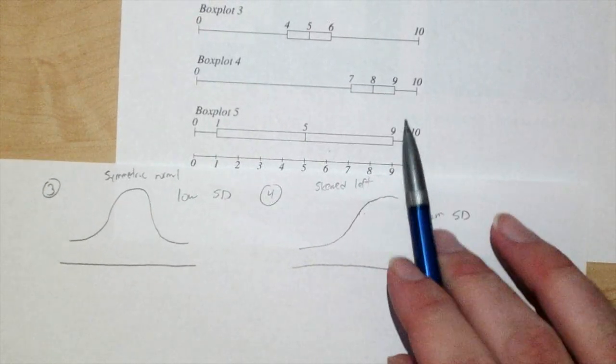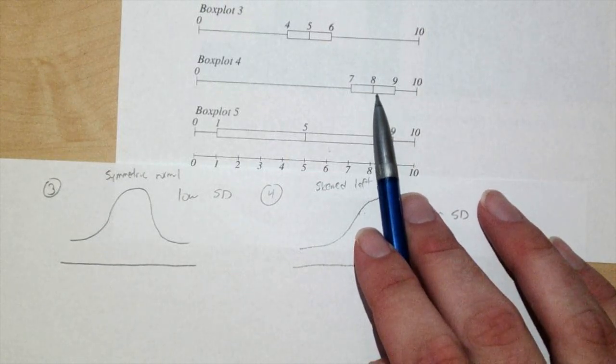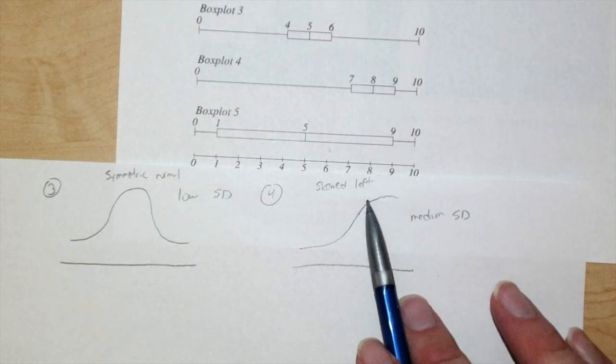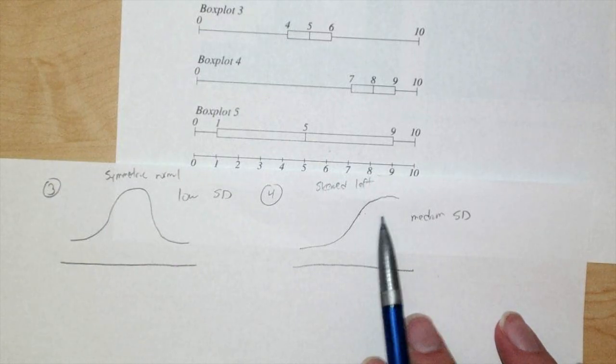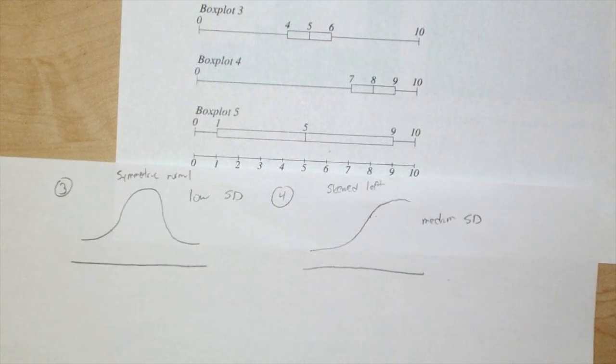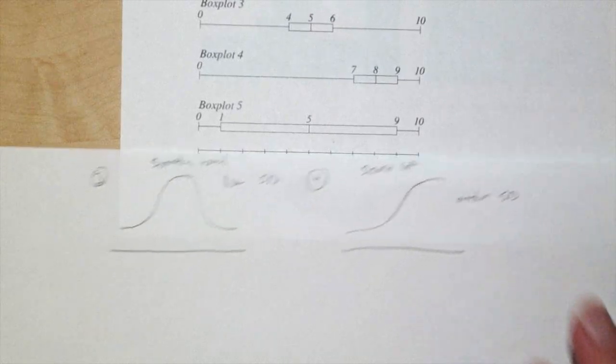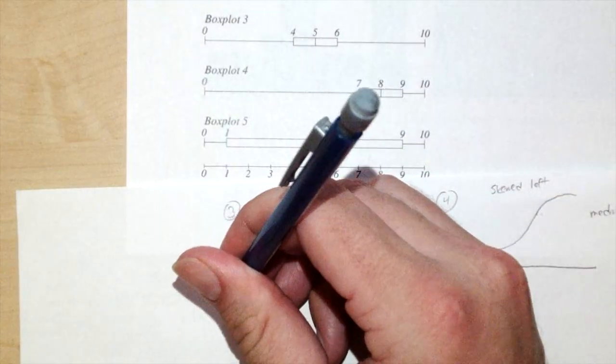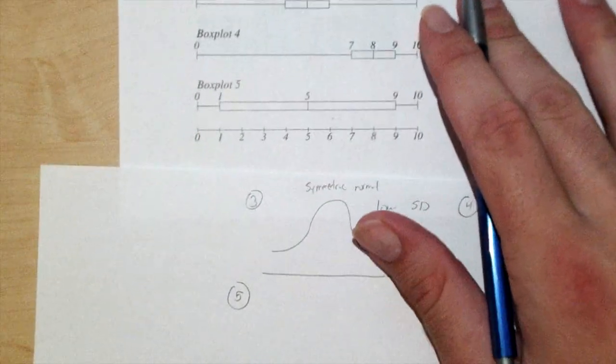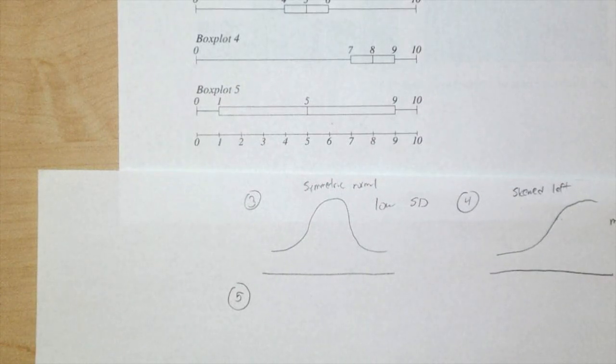Because think that the middle of this distribution is actually really far to the right. So think this is the middle. So you have some data close, but you do have some far away. So when you're talking about high and low standard deviation, number 3 and number 5 are your answers.